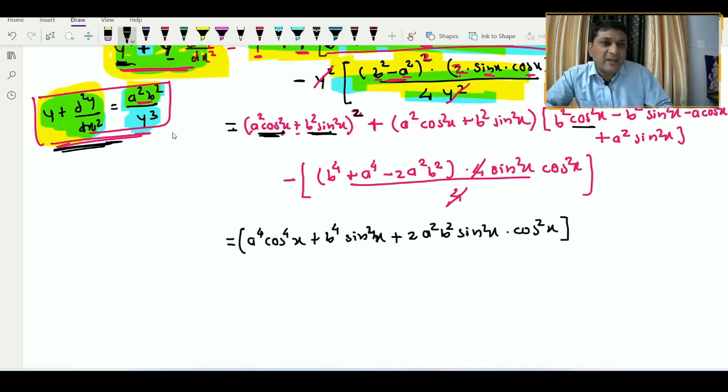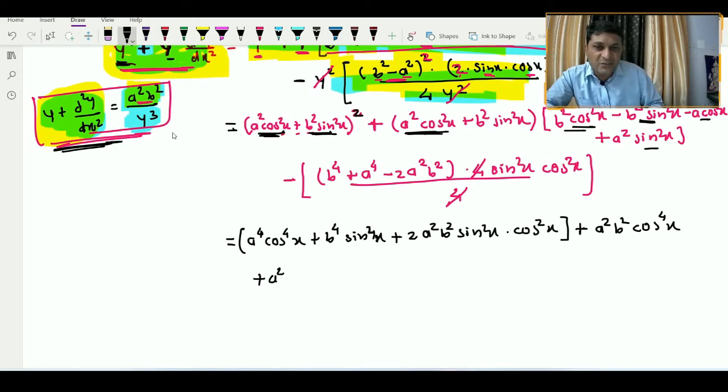Now in this bracket 4 terms are there, and I am multiplying every term first by a square cos square x. So let us see what we will get if I am multiplying by a square cos square x. Now a square cos square x into b square cos square x is a square b square cos x raised to power 4. Multiplied to the second term, here we will get a square b square sin square x into cos square x, but here minus is there, so here we will get minus.